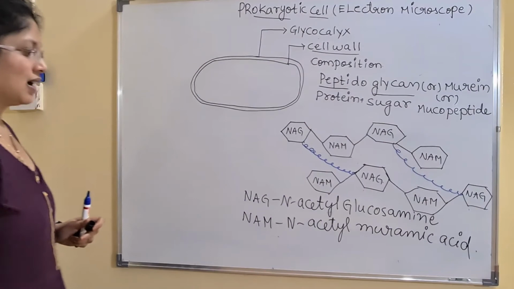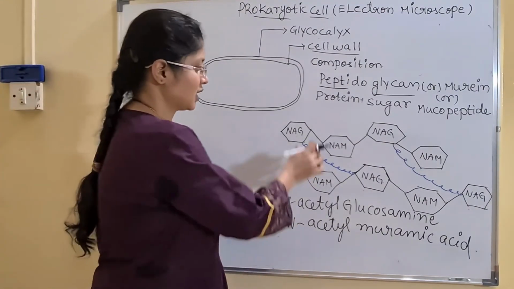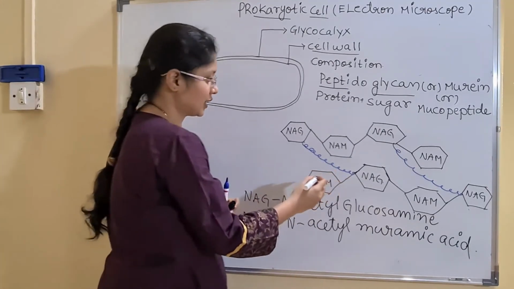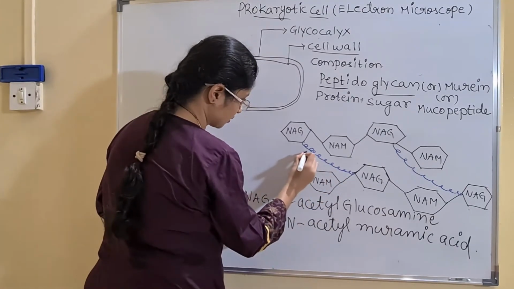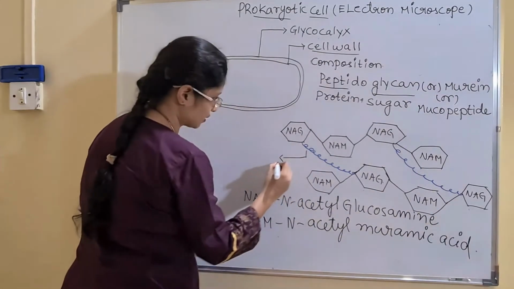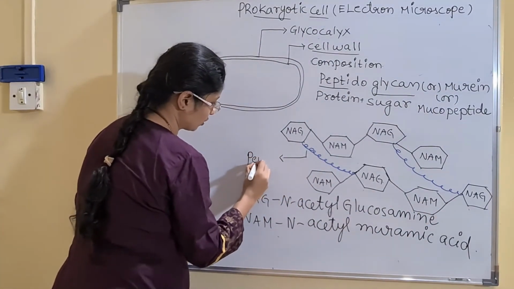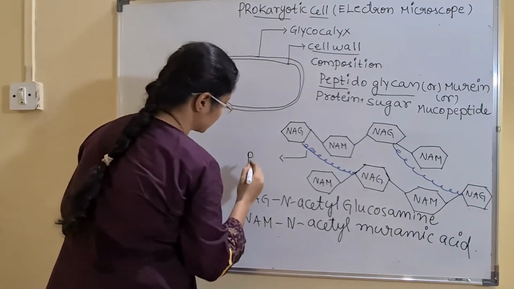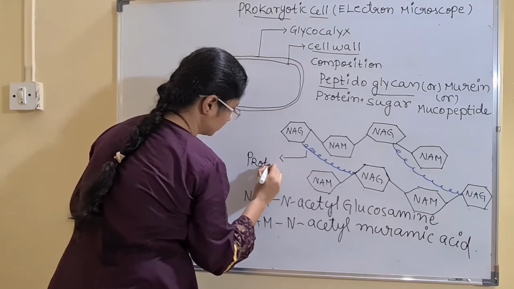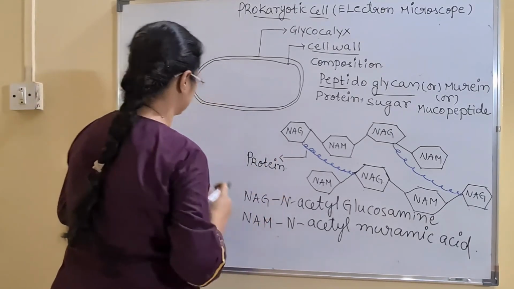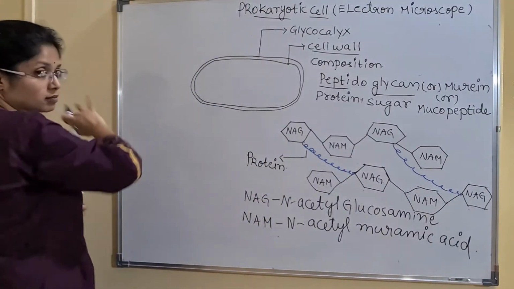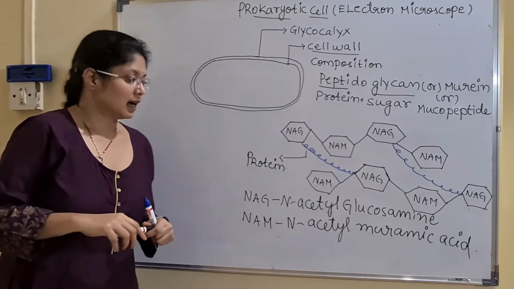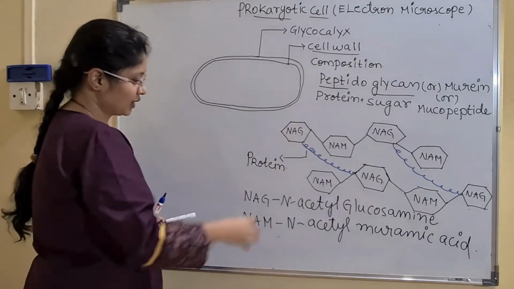So we have two units which are bonded together along with the protein chains. So these are the proteins. This is the peptide bond. Proteins have peptide bonds. This is the protein chain. And in this you see the monomer units, NAG and NAM.